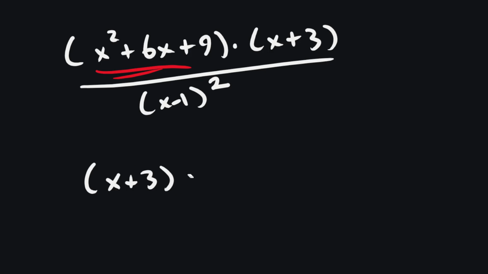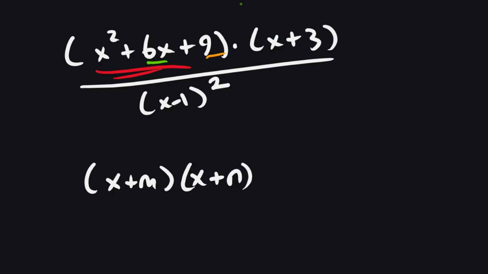To see how we get there, just know that it's in the form ax squared plus bx plus c, and the leading coefficient is 1. So we can apply the m and n factoring principle. We find m and n, two numbers that multiply to 9 and add to 6.